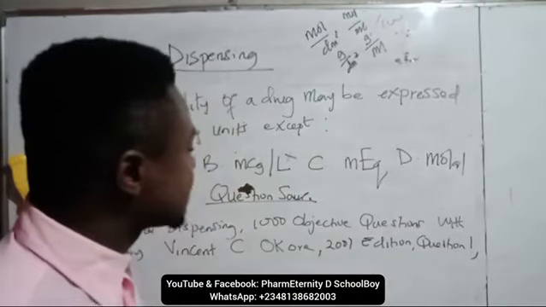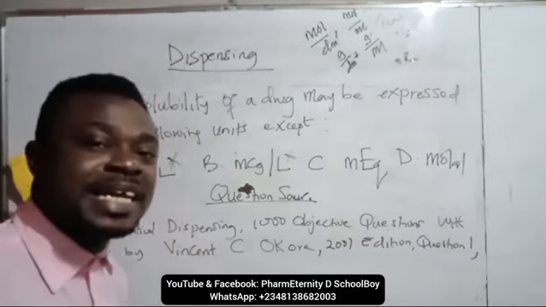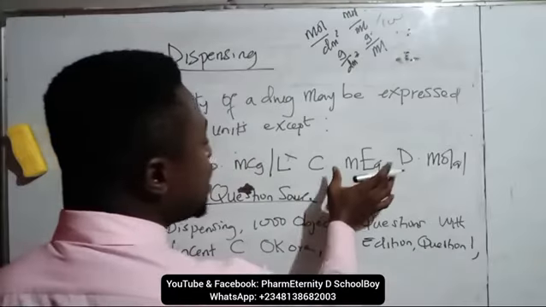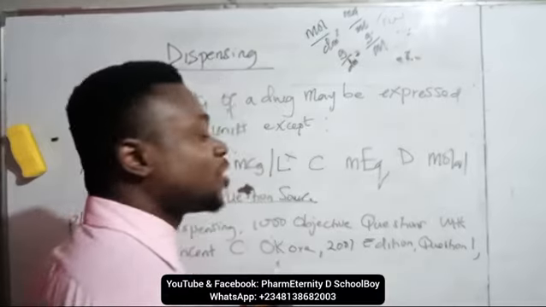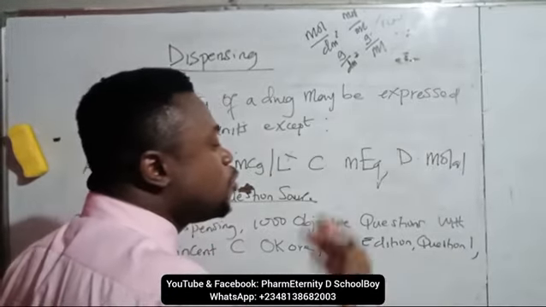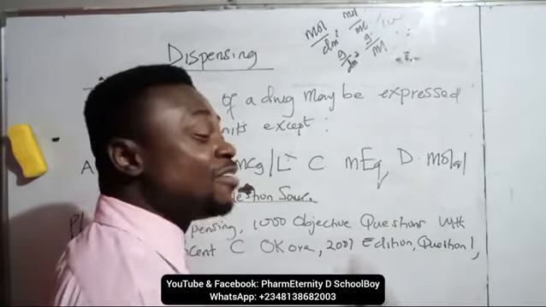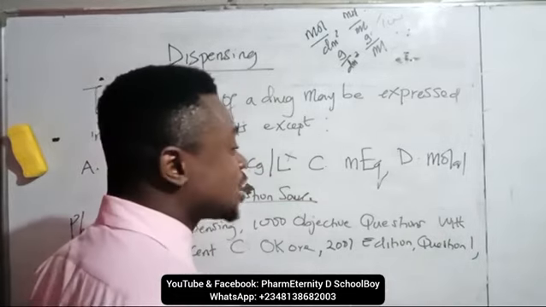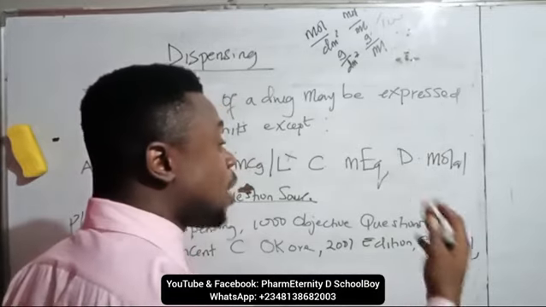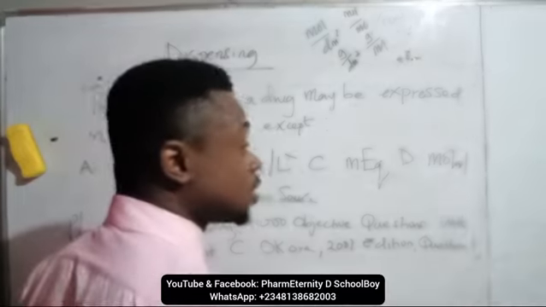Now let's take a look at C. C is milli equivalent. What is milli equivalent? Milli equivalent is an amount term. It's not a concentration term. It's a unit of measurement for the amount of chemical activity of electrolytes. Milli equivalent is equal to 1 over 1,000 of the equivalent weight of an ion.